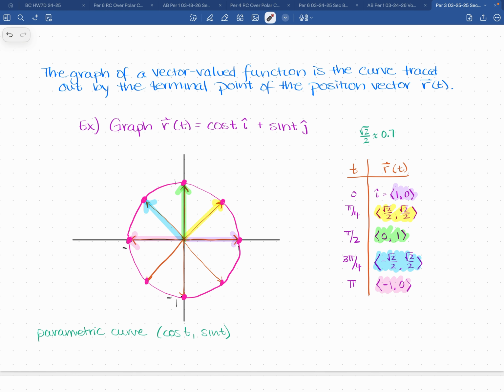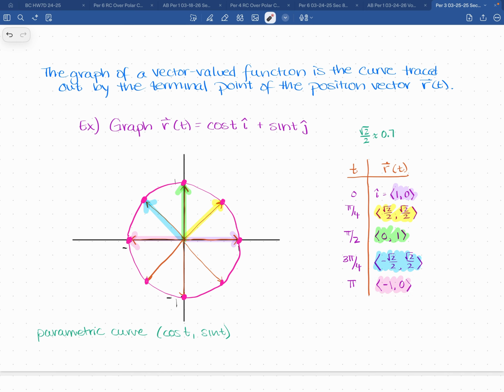If we let t equal pi over 4, cosine of pi over 4 is root 2 over 2. Sine of pi over 4 is also root 2 over 2. So I can write it like this in its component form, or I could have said root 2 over 2 i plus root 2 over 2 j. Either way. If we just look at pi, the very last one, cosine of pi is -1, sine of pi is 0, -1 times i plus 0 times j would be -i, or the vector <-1, 0>.